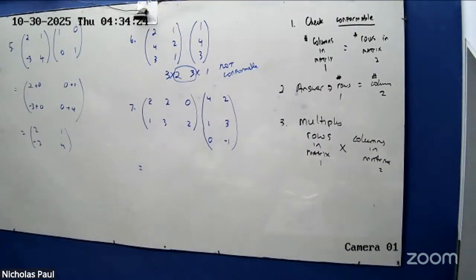A little bit different, but the same principle. Go row by column, row by column.